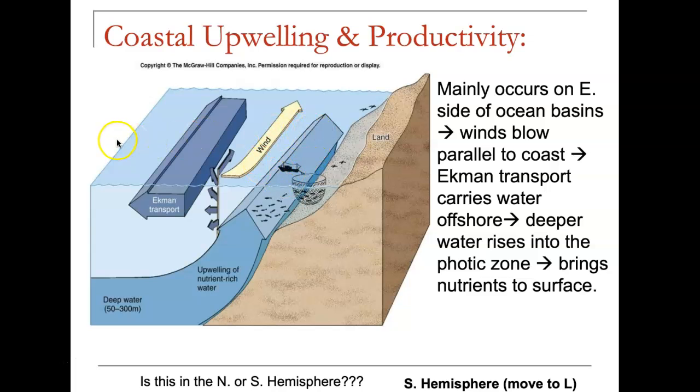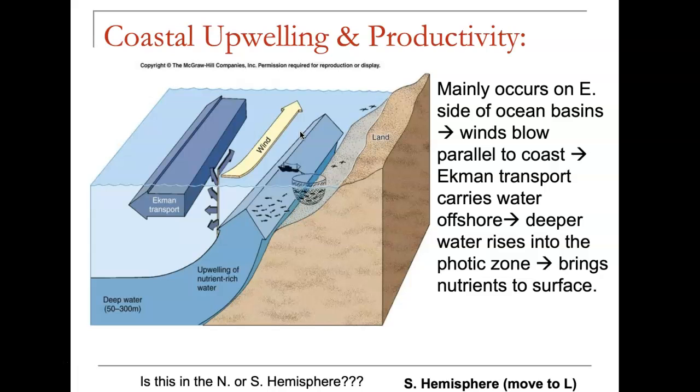So water from below is going to fill in its place. And that deeper water that rises to fill in its place is going to bring nutrients from the bottom to the surface.